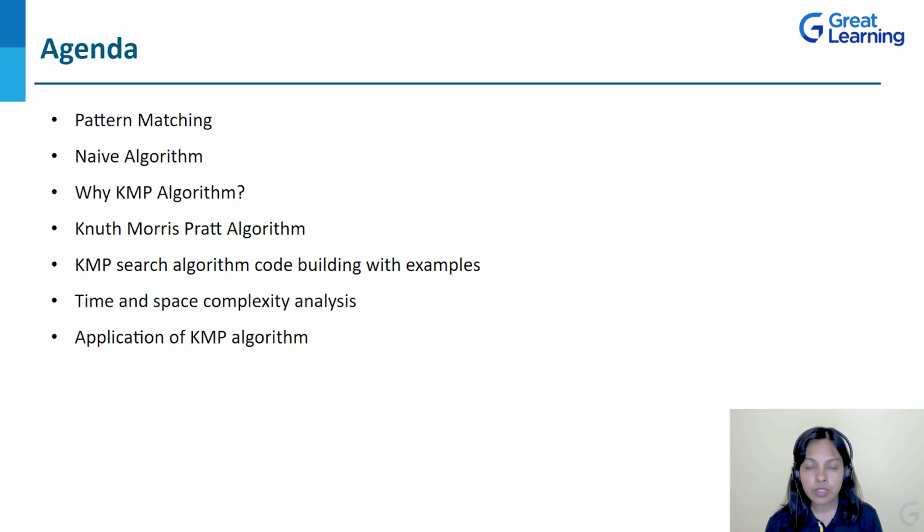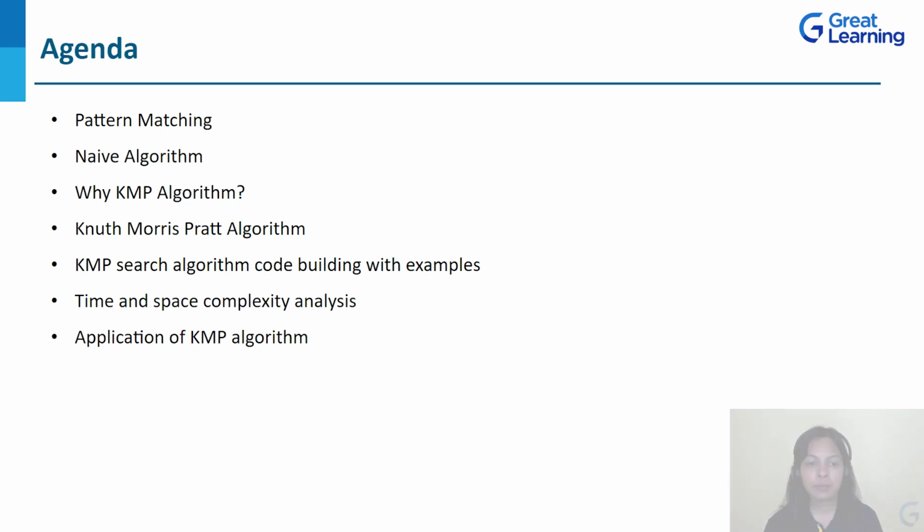How does this KMP algorithm work, and how is it better than the naive algorithm, the basic algorithm for pattern matching? Then we'll see the algorithm for KMP and its implementation in Python. Moving ahead, we'll see the time and space complexity of the KMP algorithm. And lastly, the real-time applications of KMP algorithm will also be discussed.